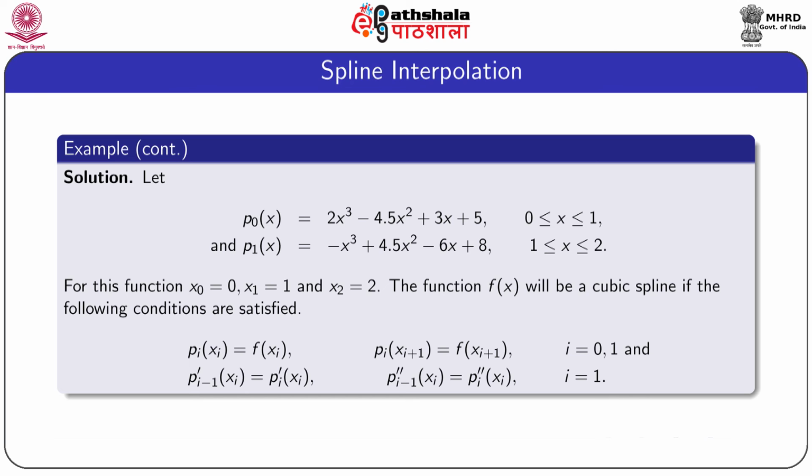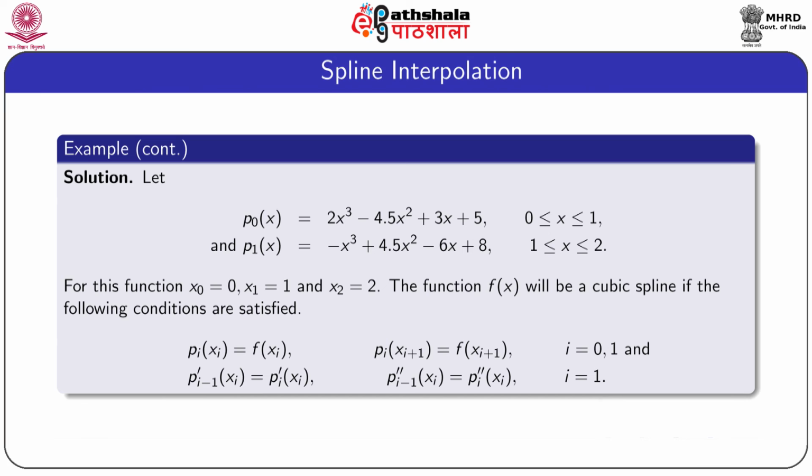The function f(x) will be a cubic spline if the following conditions are satisfied. The first condition is pi at xi equal to f of xi, this is the condition of interpolating polynomial. Second condition is pi at xi+1 equal to f of xi+1, and these two conditions are valid for i equal to 0 and 1.